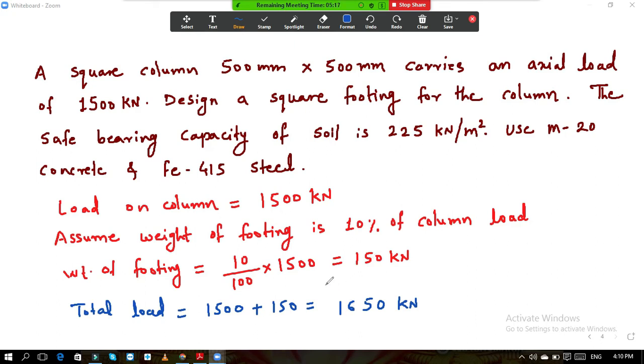So after calculating the total load, now we will calculate the required area of the footing. Okay, so how to calculate the area now?